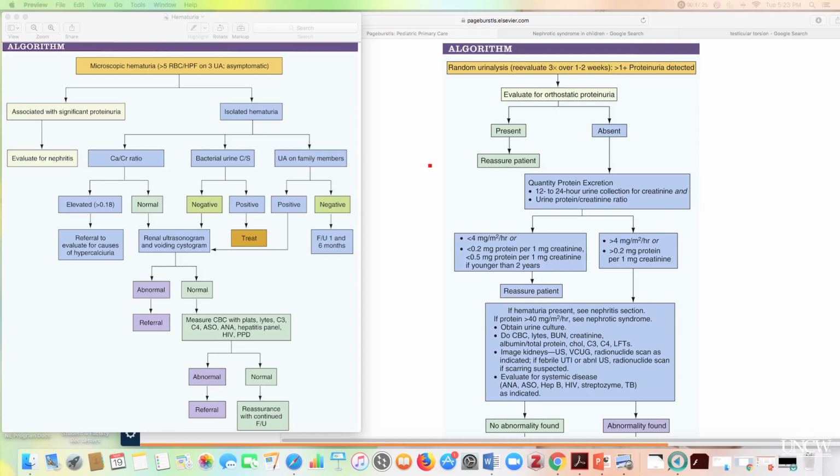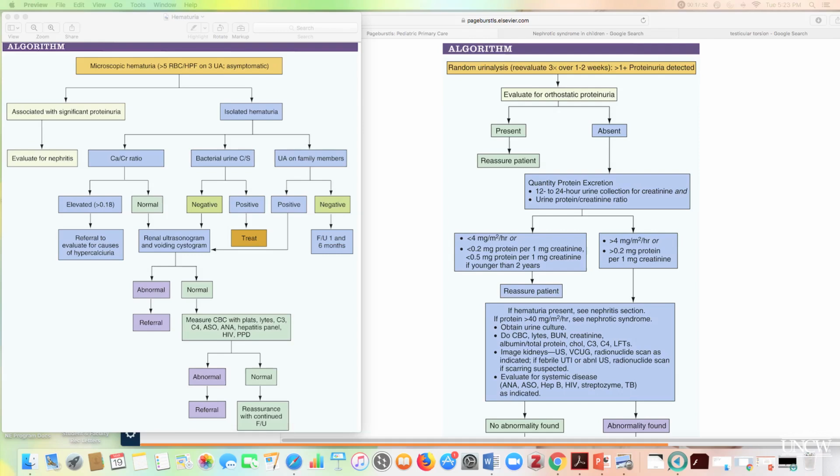So, all right, looking at this algorithm right here, we've got a UA that comes back positive for proteinuria. Is it possible that they have orthostatic proteinuria? What that means is they are here to see you in the afternoon at 3 p.m. They've been standing all day, or running around and very active, playing some sports, and they're spilling protein into their urine simply because they're standing all day.